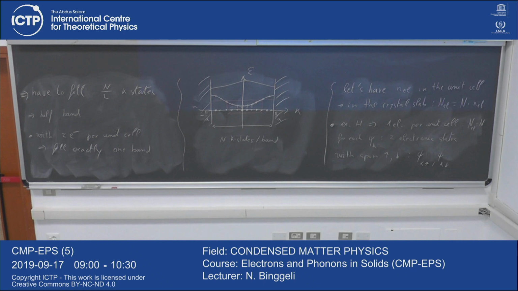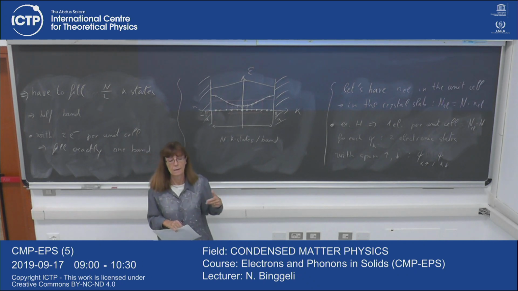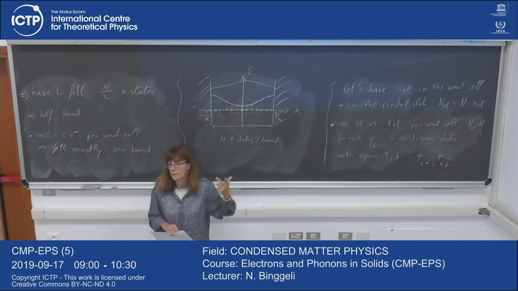I will impose the corresponding Born-von Karman boundary conditions, and I will have a grid in three dimensions, which is analogous to the one I had in one dimension, and then I will obtain that one band will correspond exactly to N k states, where N is nx times ny times nz.